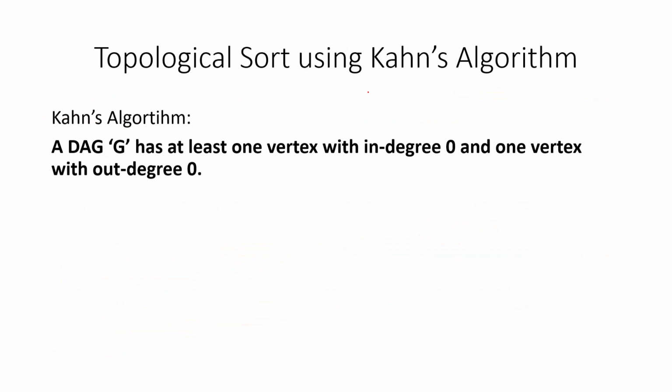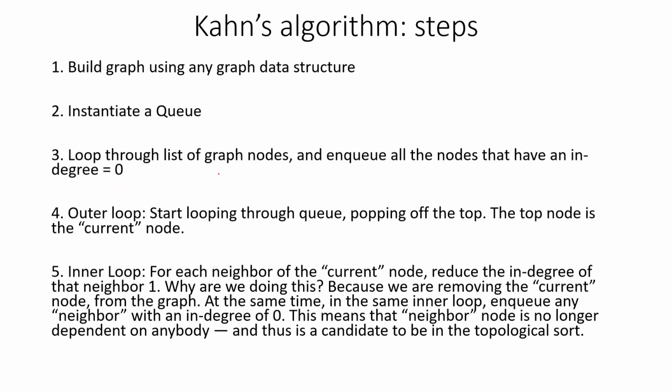So we can use Kahn's algorithm to do topological sort. What is Kahn's algorithm? Kahn's algorithm says that a directed acyclic graph G has at least one vertex with in-degree 0 and one vertex without in-degree 0.